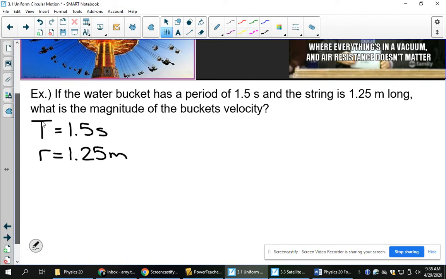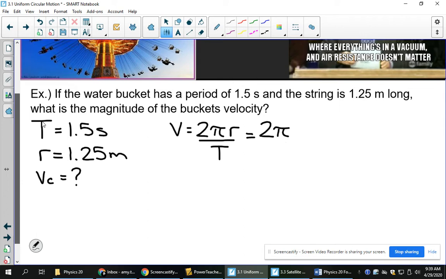And remember, the units are all your standard units for physics. The period needs to be in seconds, the radius needs to be in meters. Then we can find the centripetal velocity, or the velocity in a circle, using that formula from the formula sheet. Okay, subbing in.